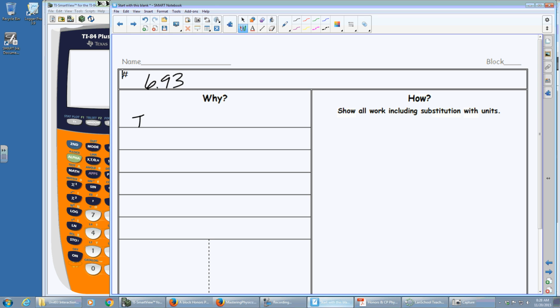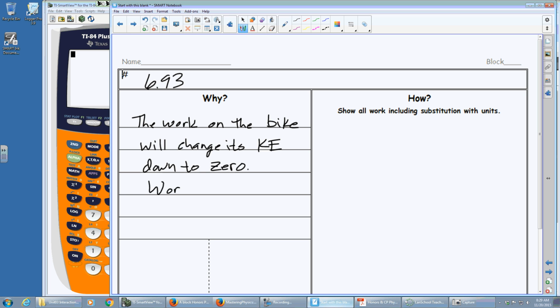So the work on the bike, I'm going to call it, will change its kinetic energy down to 0. And I'm probably going to add in here, just make sure that my reader understood.